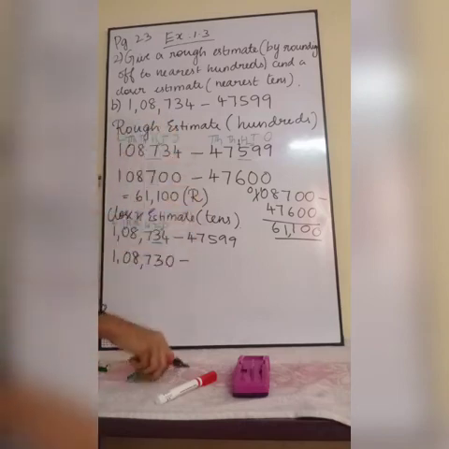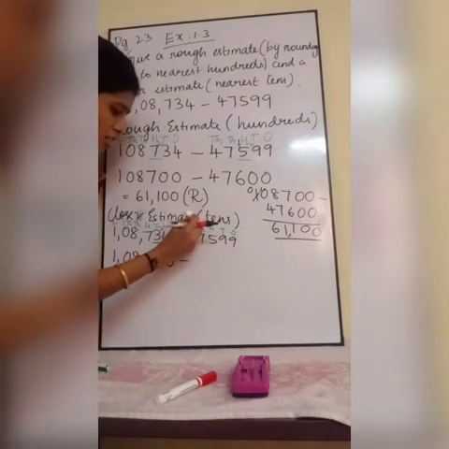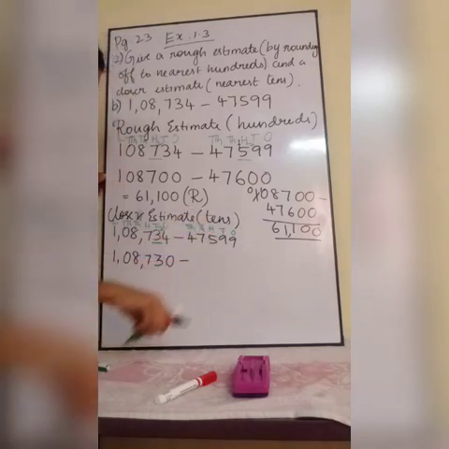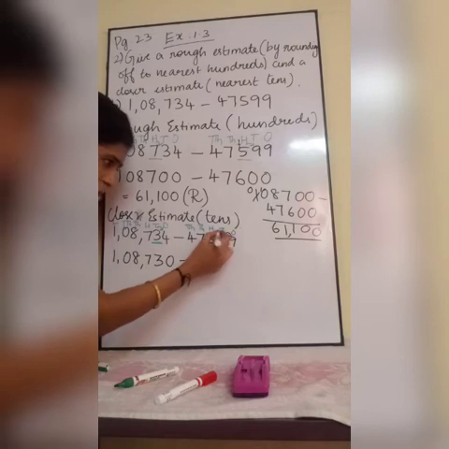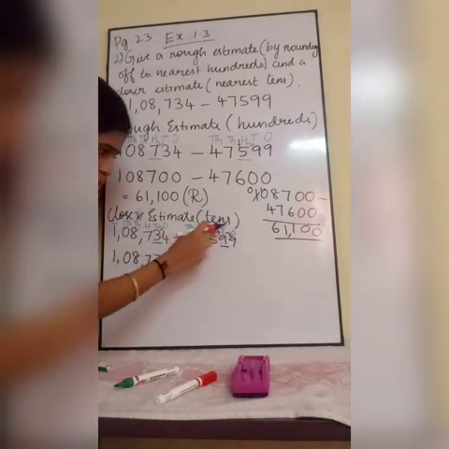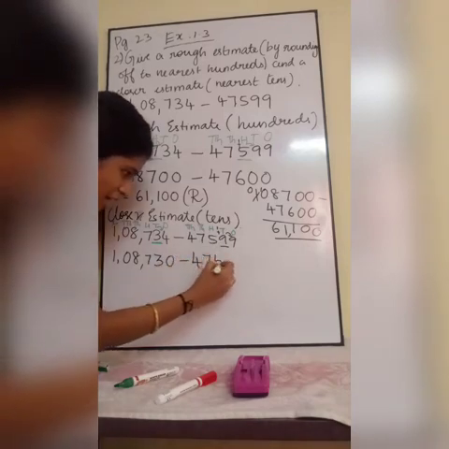Minus. Ones, tens, hundreds, thousand, 10,000. Which are you going to round off? Tens place. So you will see the ones place, which is 9. So you will add 1 here because it is 9. 9 plus 1 in the tens place. So 4 as such, 7 as such, 5. So it is 9 plus 1, 10.